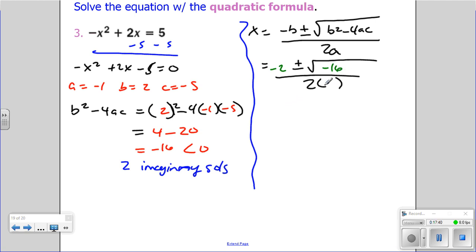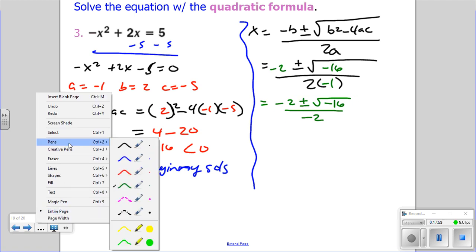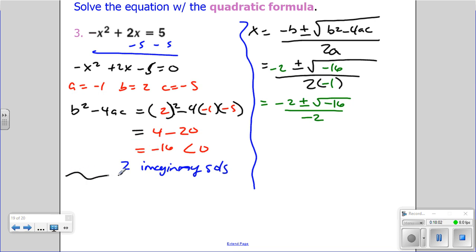And a is -1. So everything has its place. Now let's clean it up. So that's -2 plus or minus the square root of -16 divided by -2. Now, to find the square root of -16, we've done these before. In your calculator, it won't handle the square roots of negatives. You'll get an error.